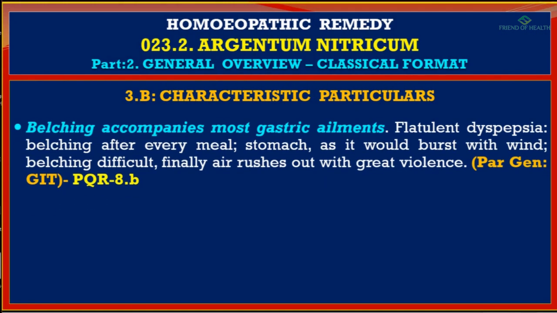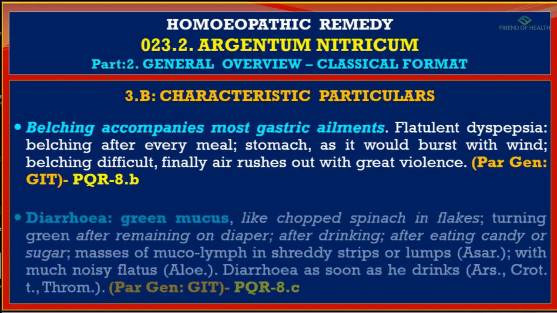Now the next characteristic particular is belching accompanying most gastric ailments, flatulent dyspepsia, belching after every meal, stomach as if it would burst with wind, belching difficult, finally air rushes out with great violence.